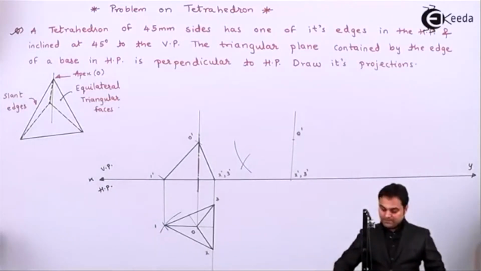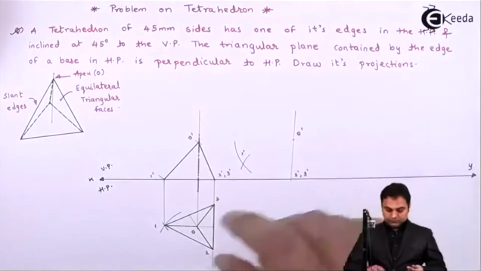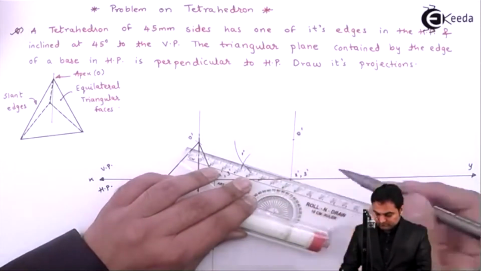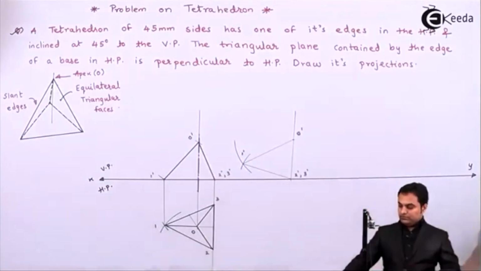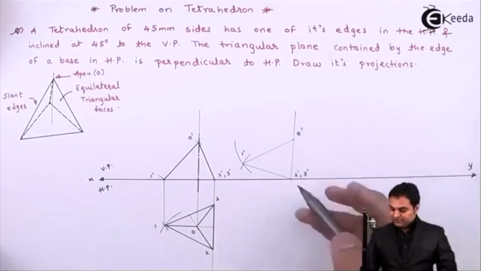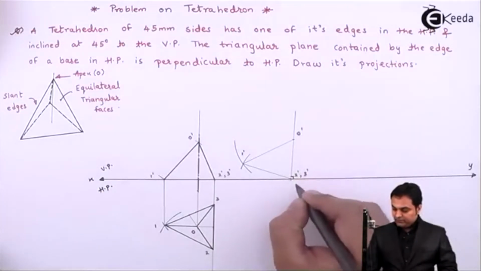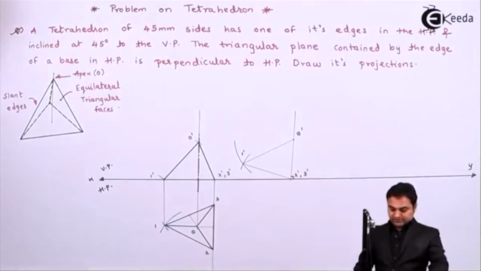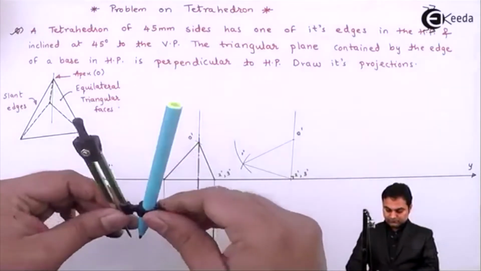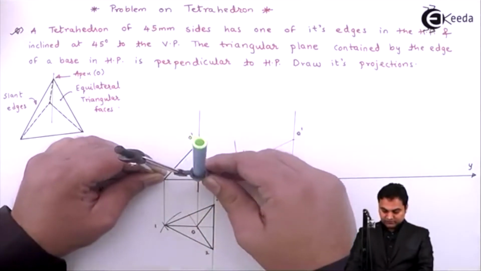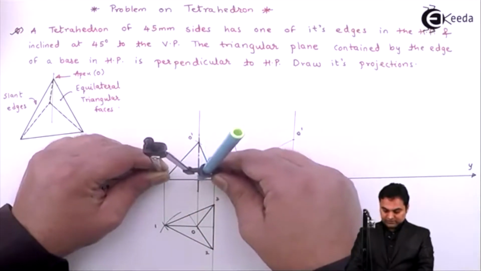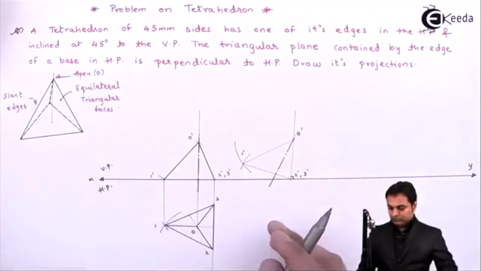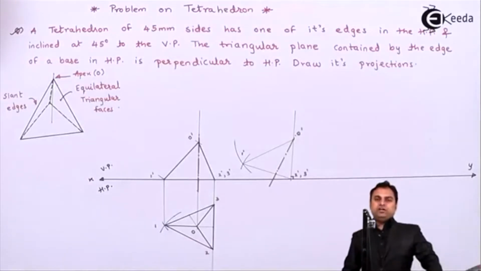That point is 1 dash. So joining them with the help of a light line first. Here we can see that this face is perpendicular to XY, in other words perpendicular to HP, seen in VP. After that, I'll mark the axis from 1 dash to this axis. Next, I'll make this tetrahedron dark.